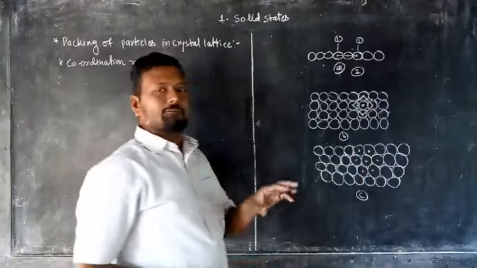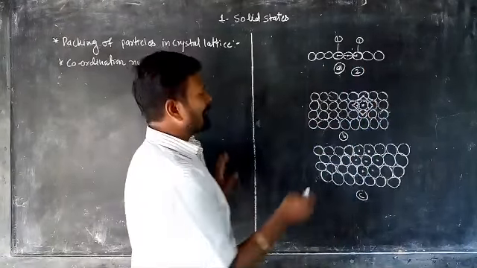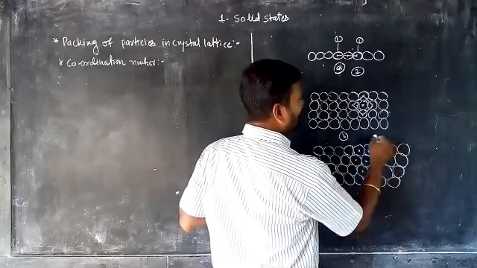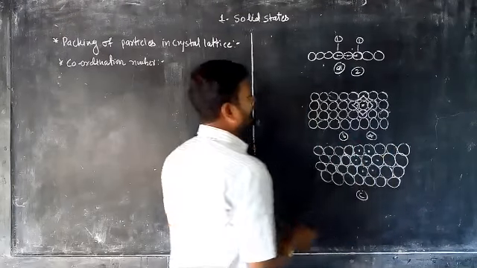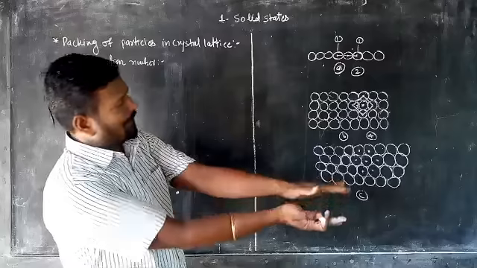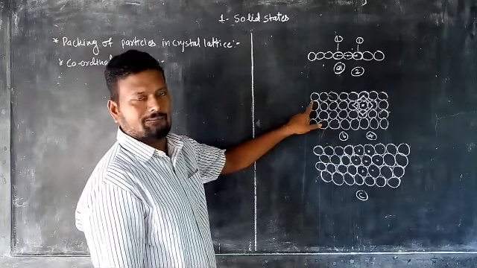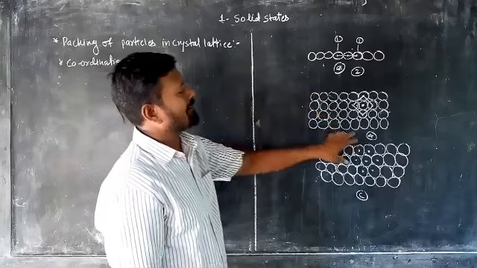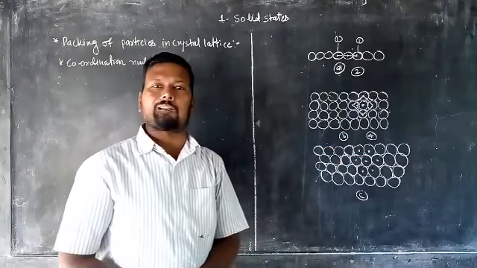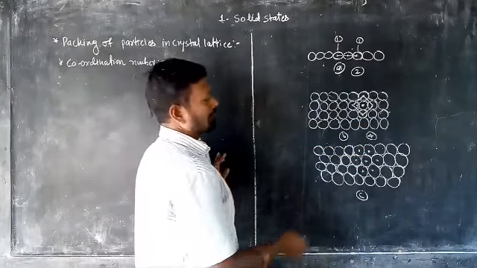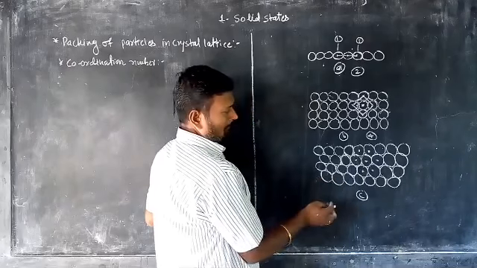So how many neighbors to that point? The 4 neighbors in two dimensions, when the linears are attached in this way, trough to trough. In that condition we can say that the coordination number is 4.